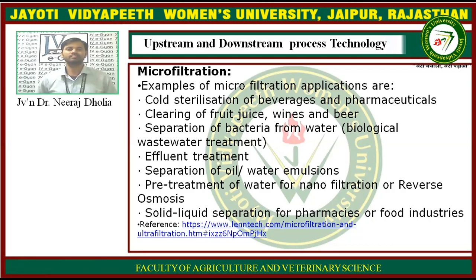Cold sterilization of beverages and pharmaceuticals, that is, sterilization where heating is not required. It is also used for clearing fruit juice, wines, and beers, and for separation of bacteria from water, for example, in biological wastewater treatment. Effluent treatment means treating the effluent excreted from the various industries.